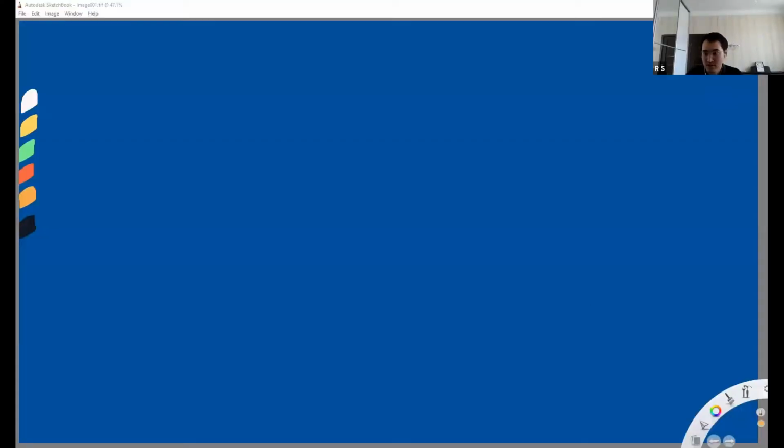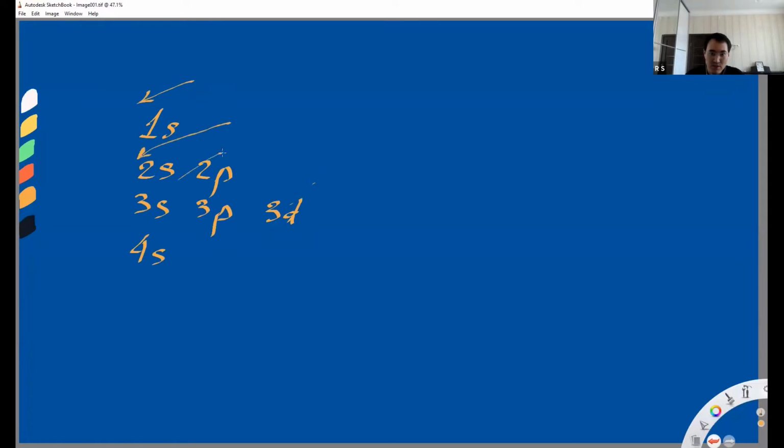Let me share the screen for a second. Do you see my screen? Okay, so as you might remember from school, we have 1s, 2s, 2p, 3s, 3p, 4s, and 3d. So the filling of the orbitals starts from 1s, then 2s, then 2p, 3s, then 3p, 4s, and then it switches to 3d.